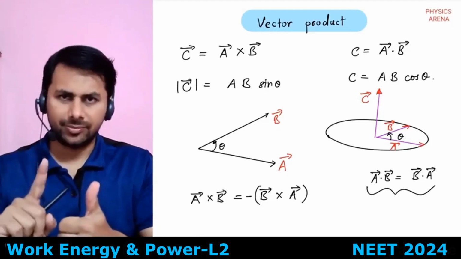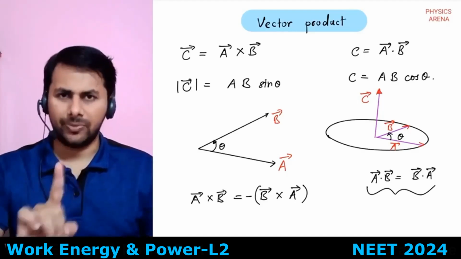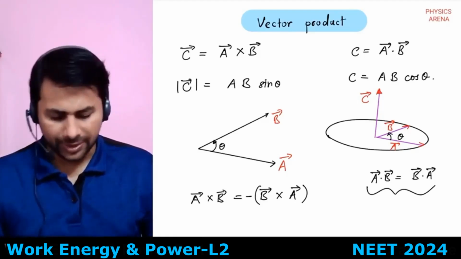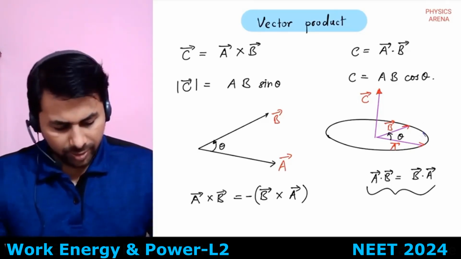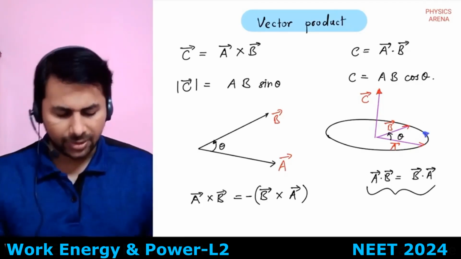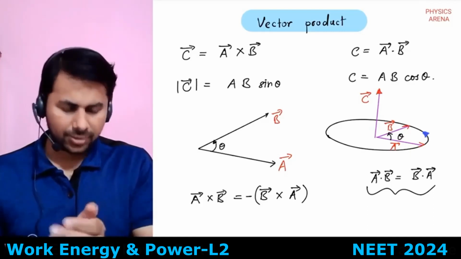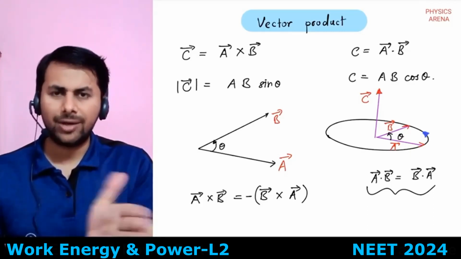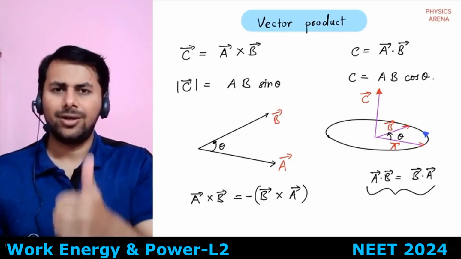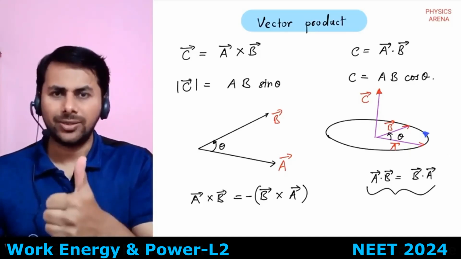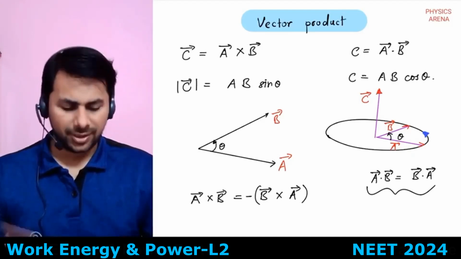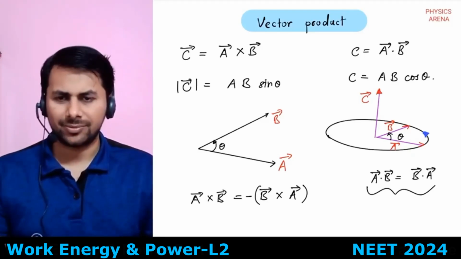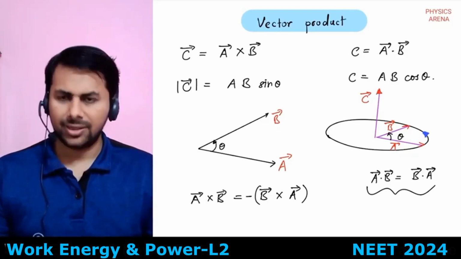Your stretched thumb will point vertically upwards, because you will be moving in an anti-clockwise sense. If you are going from a bar to b bar in an anti-clockwise sense, then the thumb will point vertically upwards, and that is the direction of the resultant. It is the direction of c bar. Is it clear?